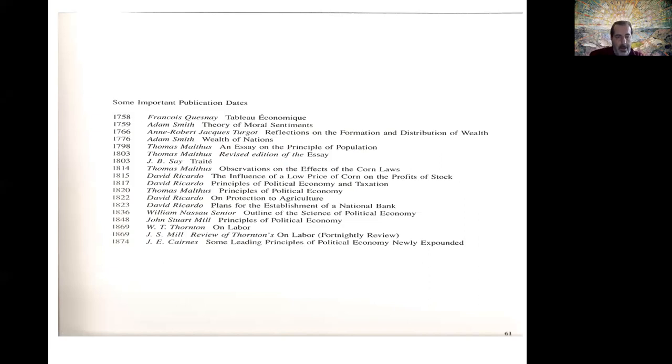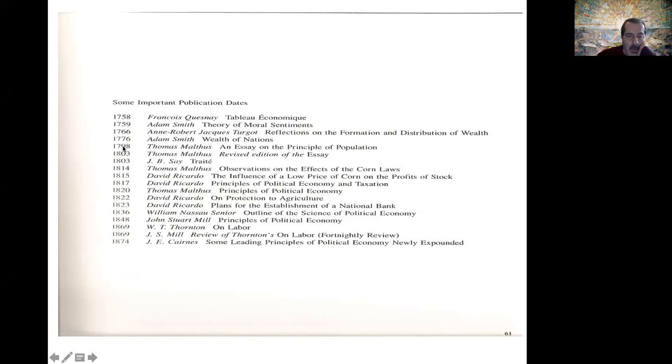He taught moral philosophy, and one of the most important books written by Adam Smith was the Theory of Moral Sentiments, 1759. And of course, the most important book in terms of the foundation of economics in general was Adam Smith's The Wealth of Nations.